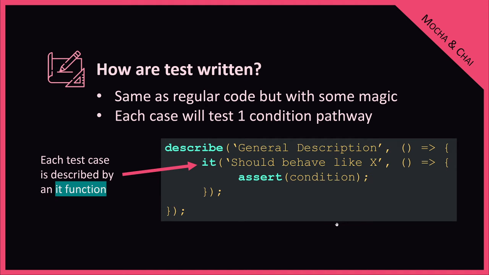Each test case will test one condition pathway. So for example, I want to test that my user was added to the database, and it is a good user variable. If I was testing only the user variable, I'd write a describe function that would have a general description. This is kind of the title of your testing file.